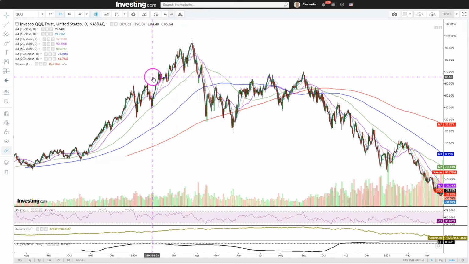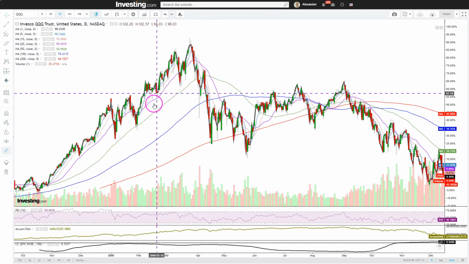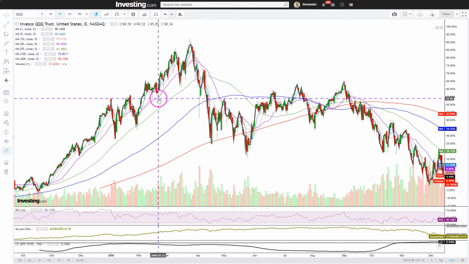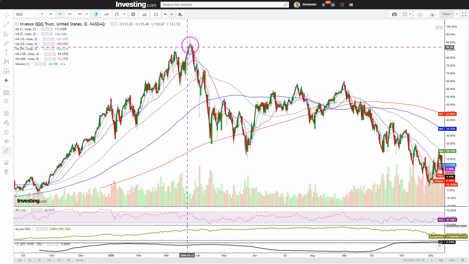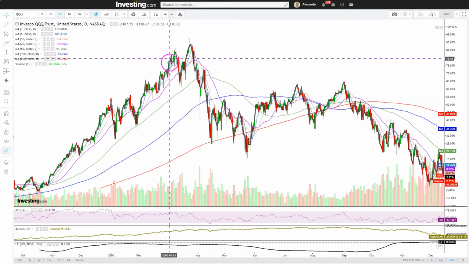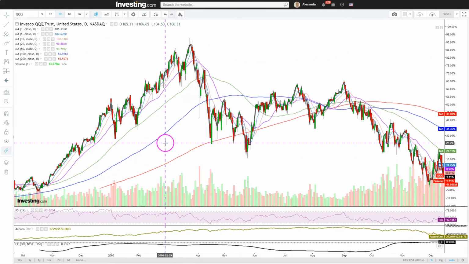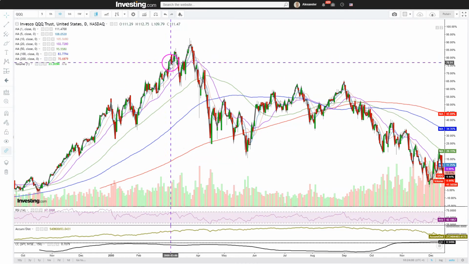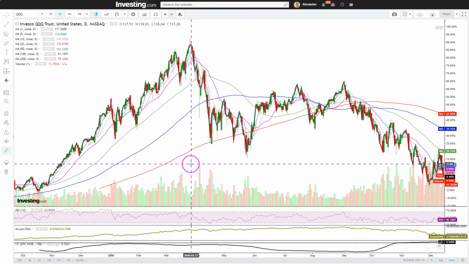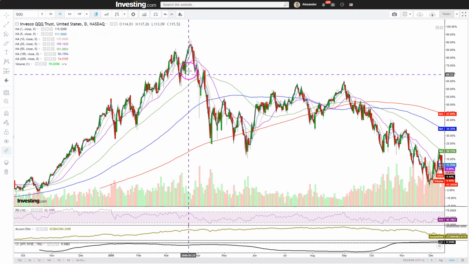Then we go even more ballistic. And in the final phases, you see that we were using the 20-day moving average as a support level. But otherwise, we were really soaring, and we had some very stretched levels, and we were very far away from the 200-day moving average here, as you can see.